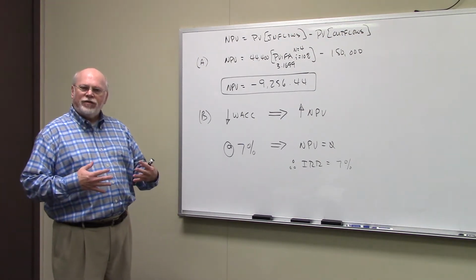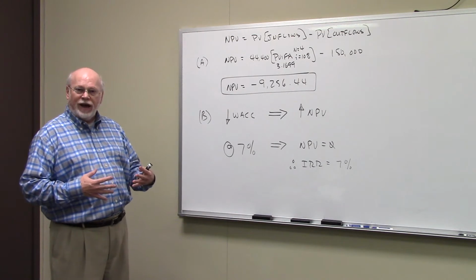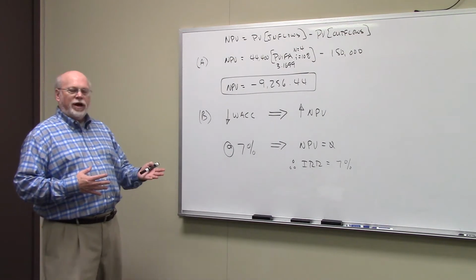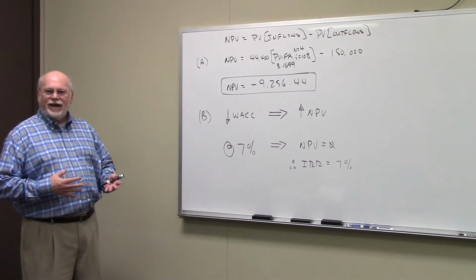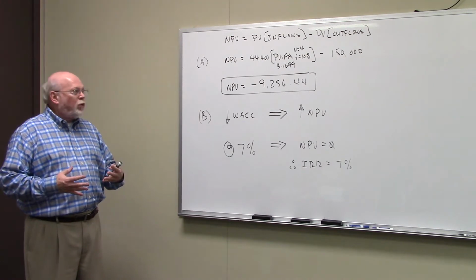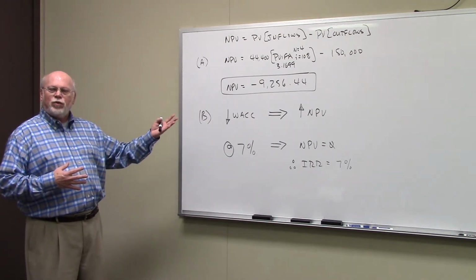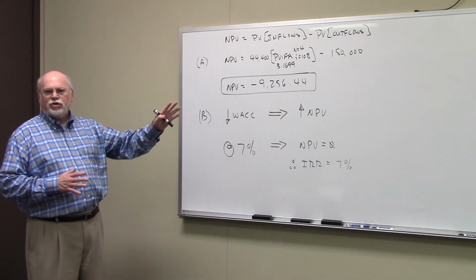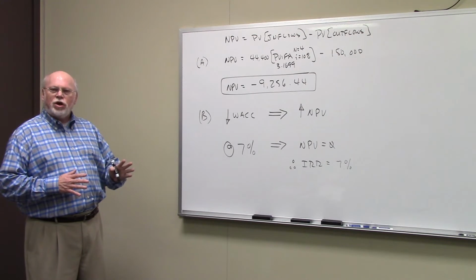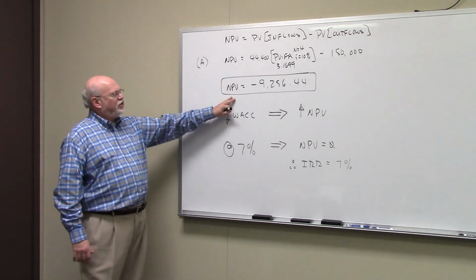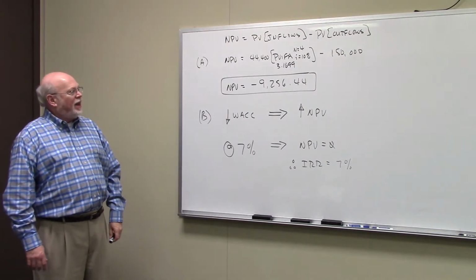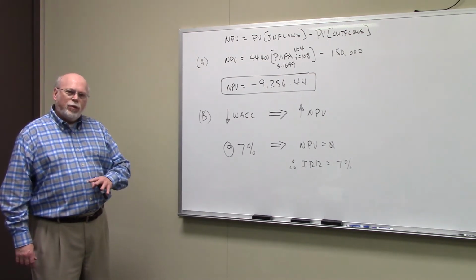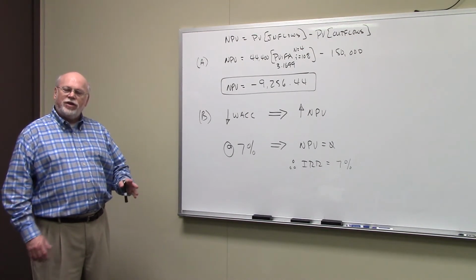We multiply the annuity amount times our PVIFA with n equal to 4 and i equal to 10%. That interest factor, by the way, is 3.1699. 3.1699 times 44,400 is the present value of the inflows. Subtract from that the present value of the outflows, which is $150,000, and you get a net present value that's a negative $9,256.44.